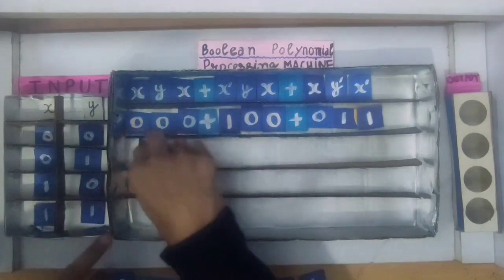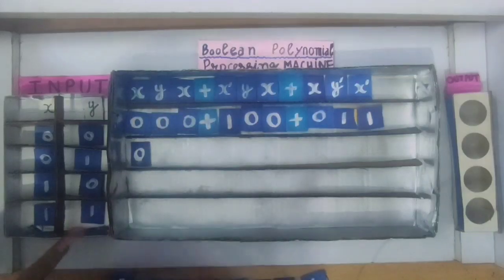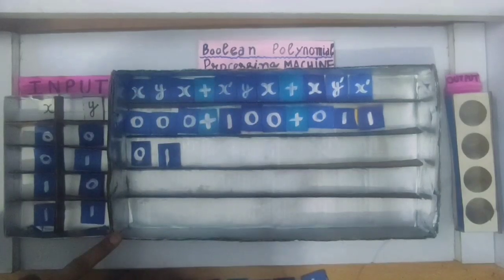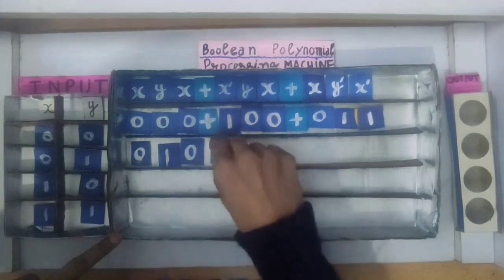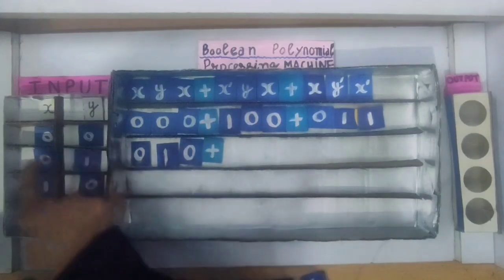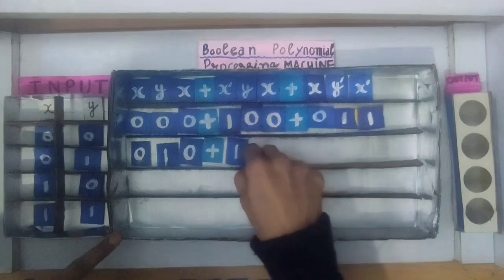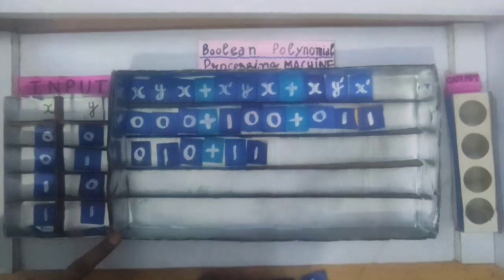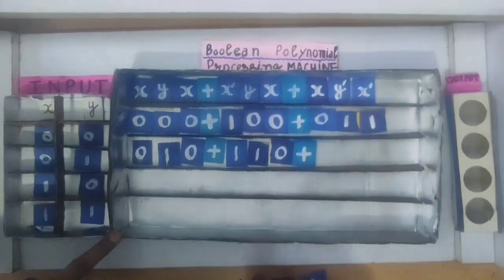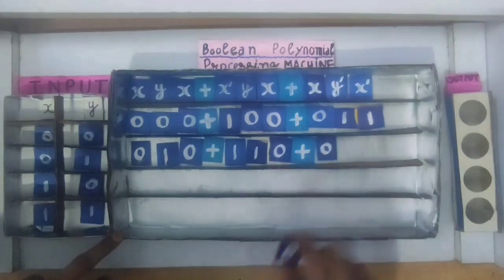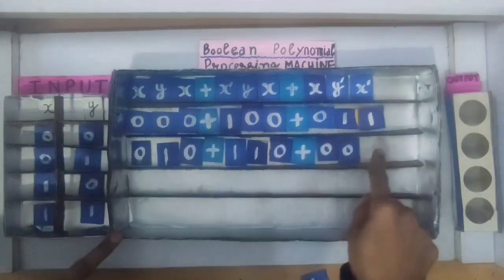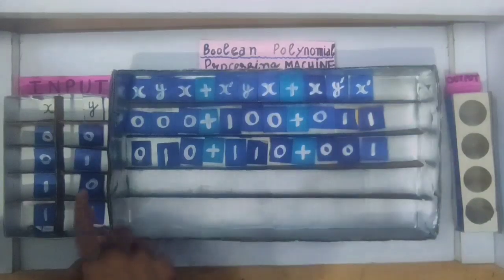And the values are: for x 0, this is going to be 0, then y is 1, so y is 1, and then x is 0 again, so 0, and then a plus sign, and then because x is 0, x dash is 1, so the value of x dash is 1, y is 1, and then x is 0, and then a plus sign, x is 0 again, and then y, because y is 1, so y dash is 0, and because x is 0, x dash is 1. So this is for the second row.